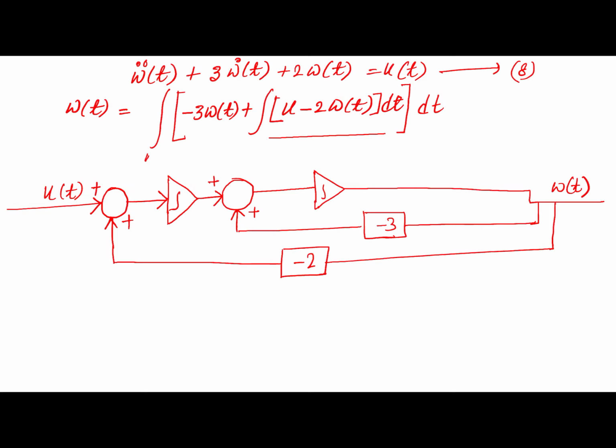Now choose omega is equal to x2. So this signal is x2 dot and this signal is x1. So this signal is x1 dot.